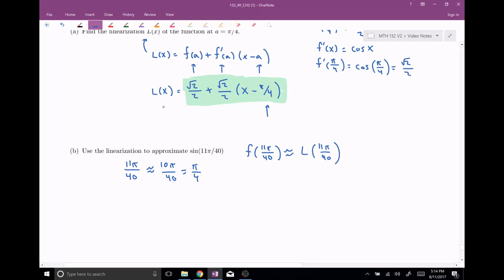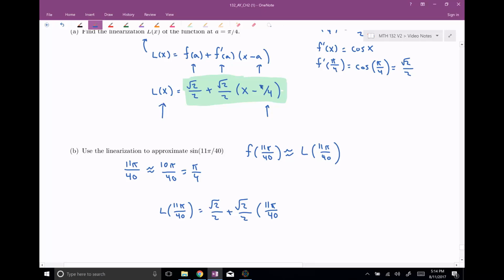Well, here is my tangent line equation, or my linear approximation. Let's go ahead and plug in 11 pi over 40 everywhere I see x. So L of 11 pi over 40 is going to be equal to root 2 over 2 plus root 2 over 2 times, and again, everywhere I see an x, I'm going to put 11 pi over 40.